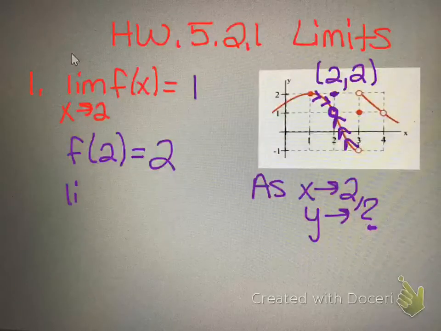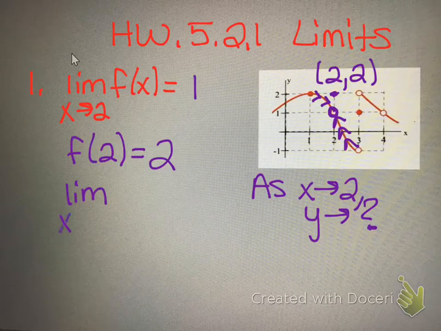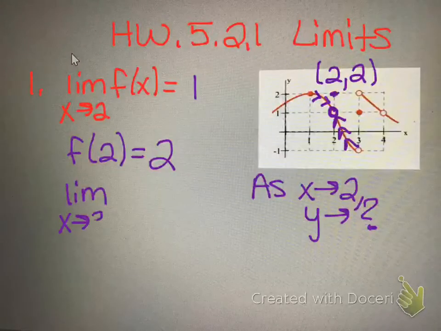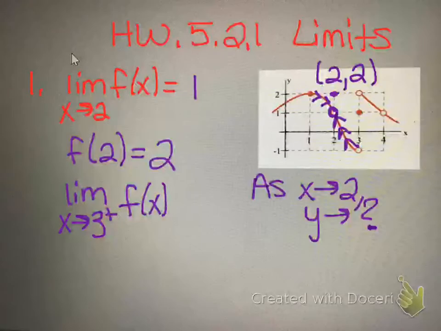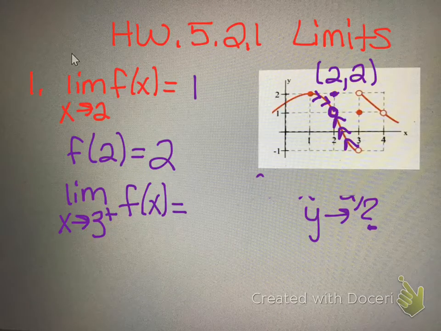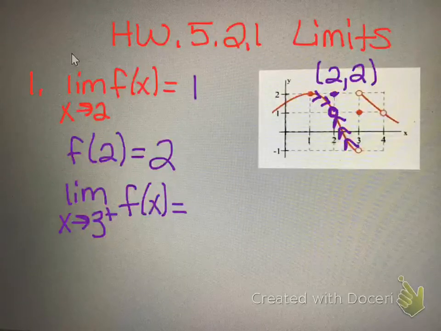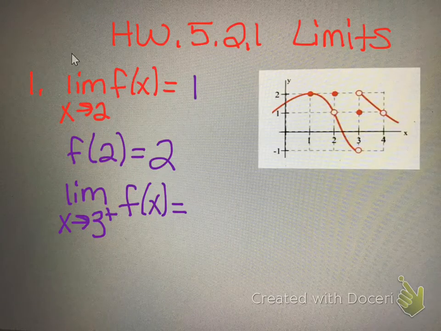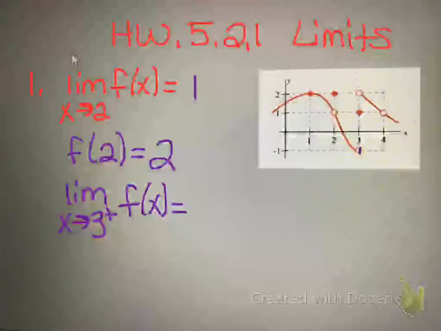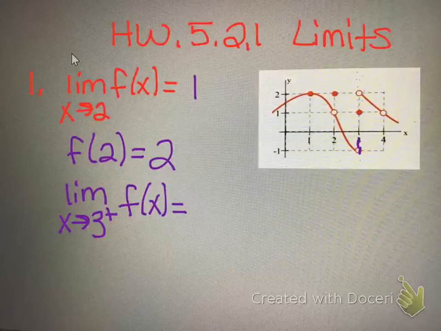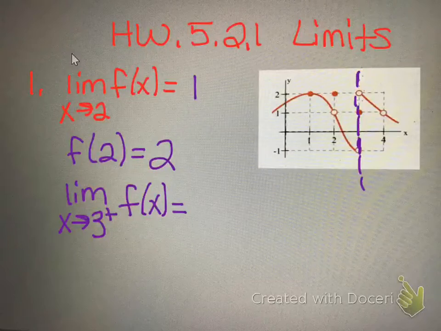So then they ask you, what is the limit as x approaches 3 from the positive side of f of x? So we're going to go to where x is 3. That's along this line right here. Doesn't show up super well with my stylus here.